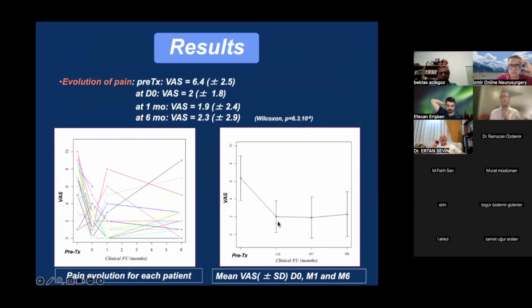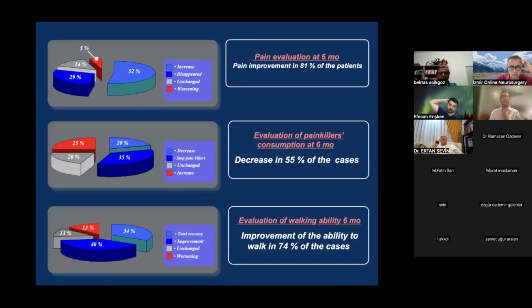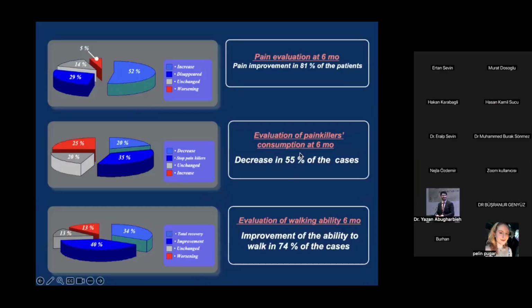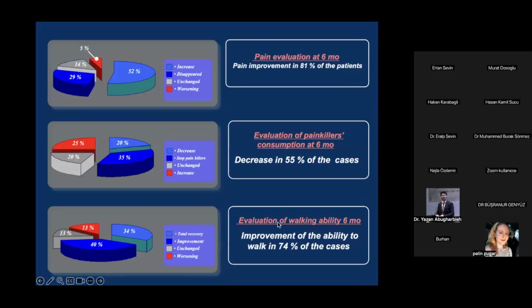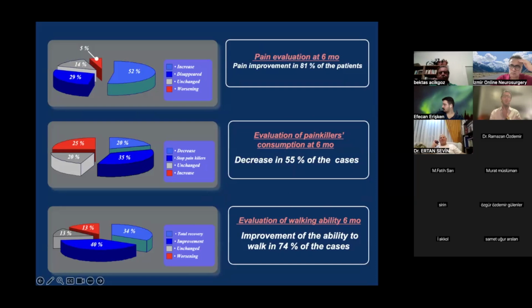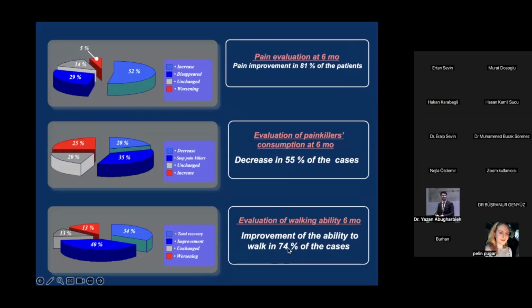So you have a very good effectiveness in terms of pain relief, and it also helps to reduce the use of painkillers, and the functional outcome is very good because 74% of the patients were able to walk after this procedure.